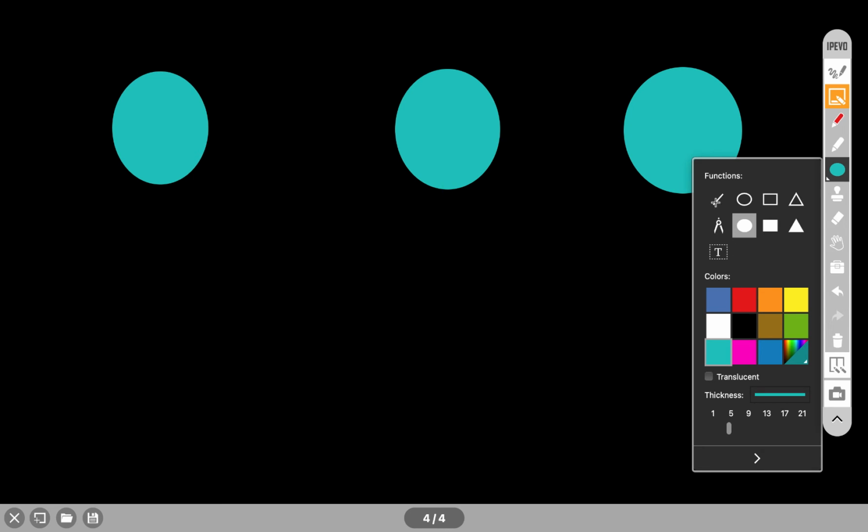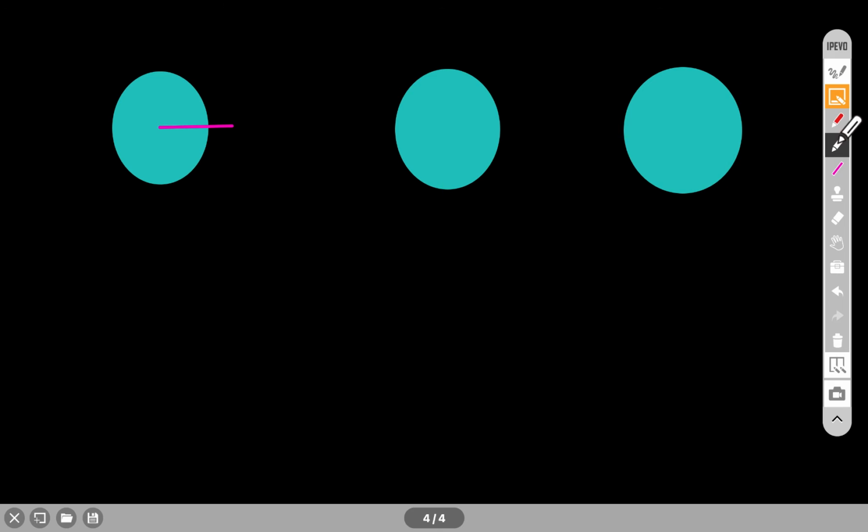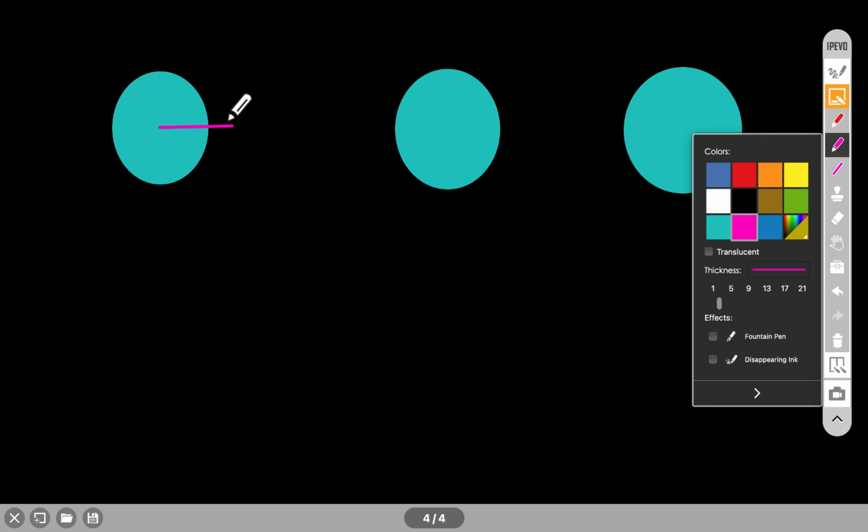I want to illustrate. Let's say that this is moving in this direction. So it has some linear velocity, but in addition to that, it is also spinning. Since it's spinning this way, it will have an angular velocity that goes out of the board.